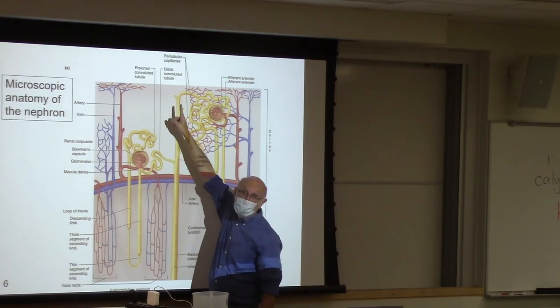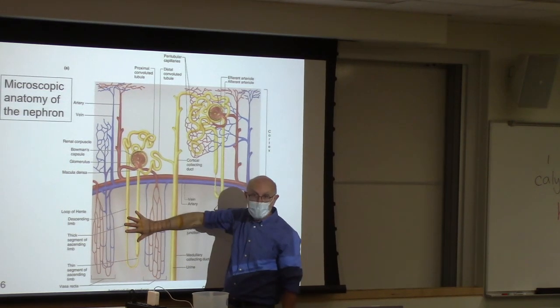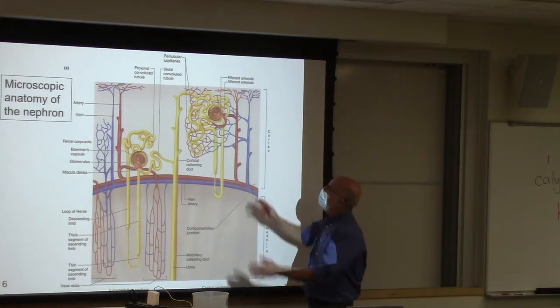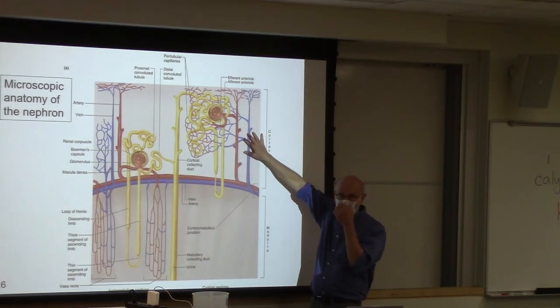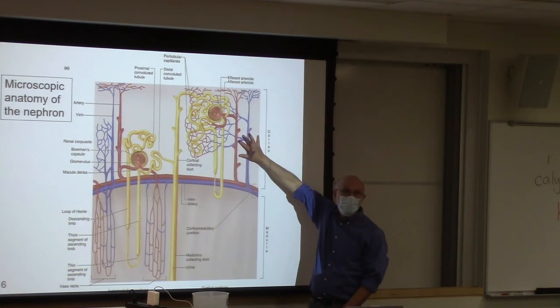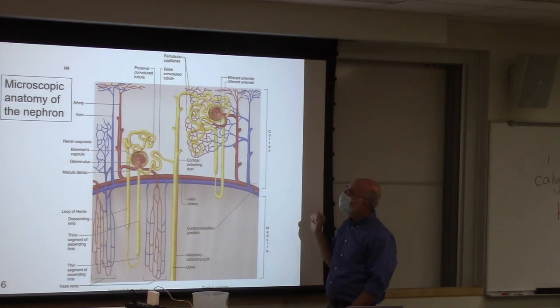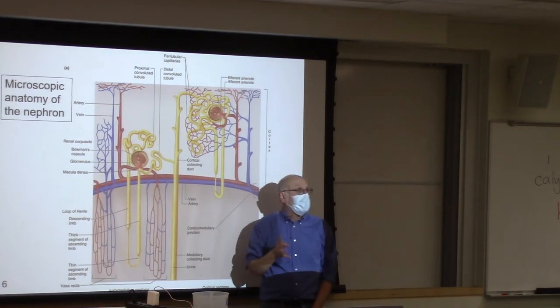Up there is the capsule somewhere. Cortex, medulla. This is a juxtamedullary nephron, and this is a cortical nephron, because it's mostly in the cortex. So let's talk about this juxtamedullary nephron. The differences are minor.